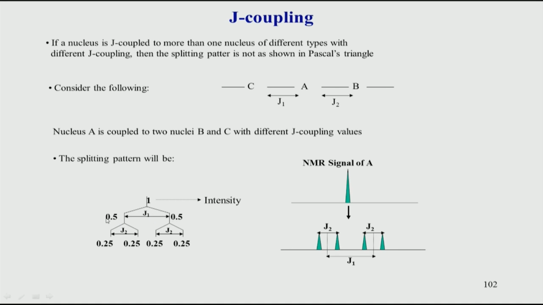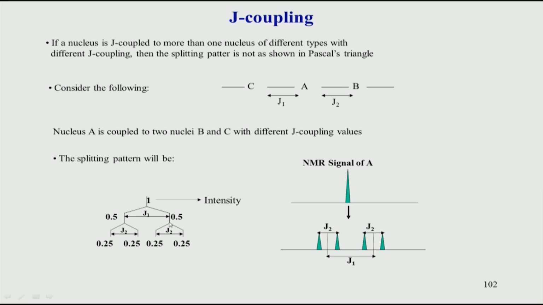So that is why it is 0.5 and 0.5. Now because of the second J value, J2 here, each of these peaks will be further split into 2 peaks. So this 0.5 becomes 0.25 and 0.25, and the separation between these two lines is now J2.